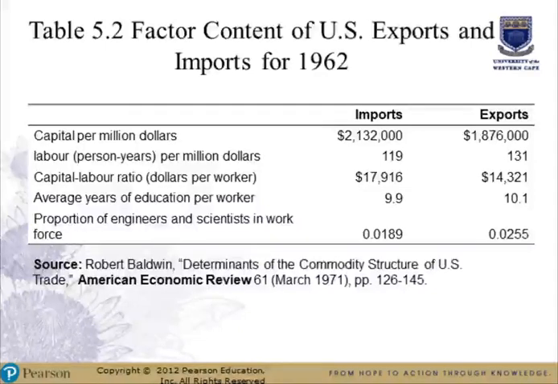Furthermore, another study was done by Bowen, Leamer, and Sveikauskas in a bid to test the validity of the Heckscher-Ohlin model on 27 countries. However, their finding also confirmed that the Leontief paradox does exist on an international level.